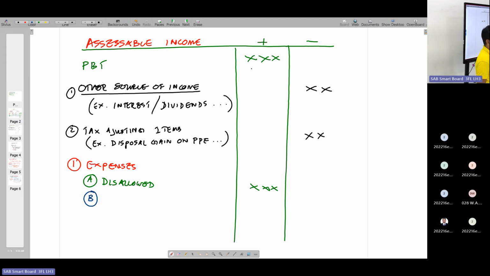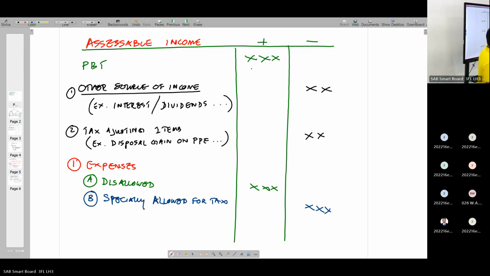But there may be situations where for tax purposes we can deduct additional things. A simple example is enhanced capital allowances. It is not there in the financial statement, but we can deduct. So then we can put it to the deduction side, the minus side. Right?